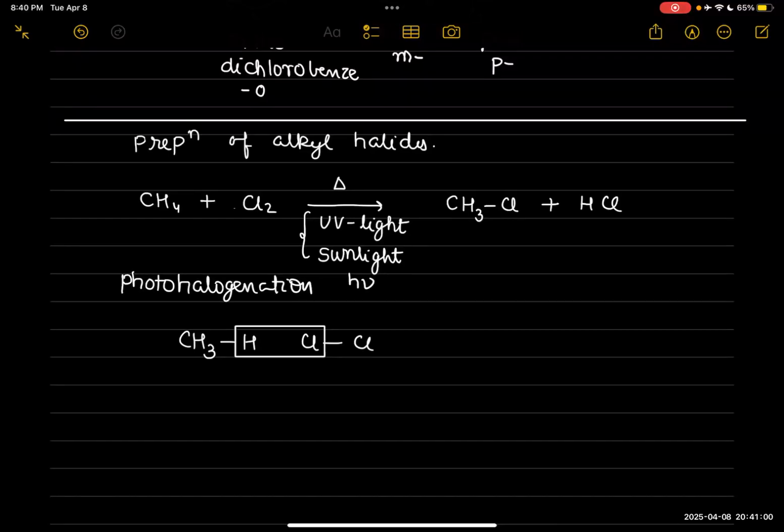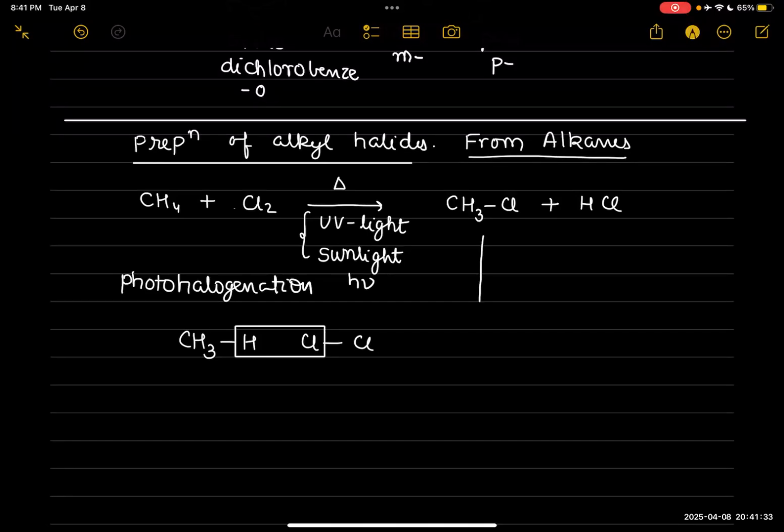So this is how haloalkanes are prepared from alkanes. What is the method? You are just going to say by photohalogenation, by mixing the alkane and Cl2 in the presence of light.